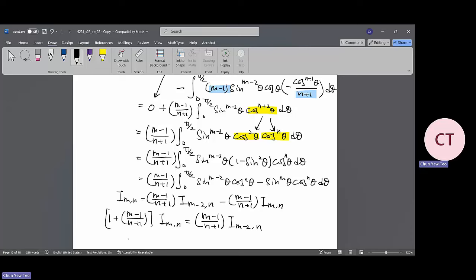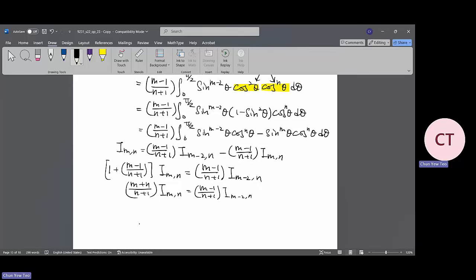Simplify it. You can see that you will have m plus n over n plus 1, I m n equal to m minus 1 over n plus 1 and I m minus 2 n. Done. Almost. Okay. So therefore, your I m n is equal to, this one cancels, m minus 1 over m plus n multiplied by this. Shown.